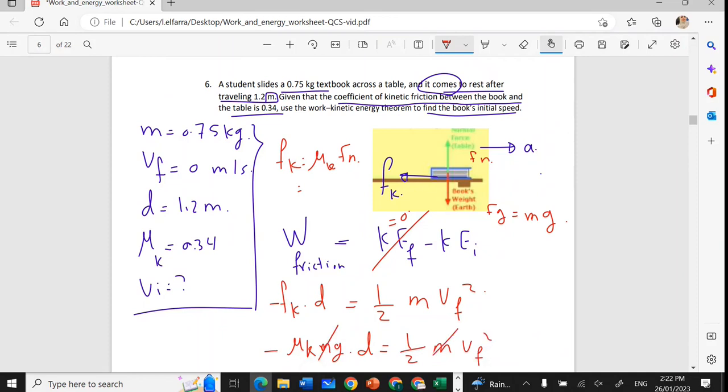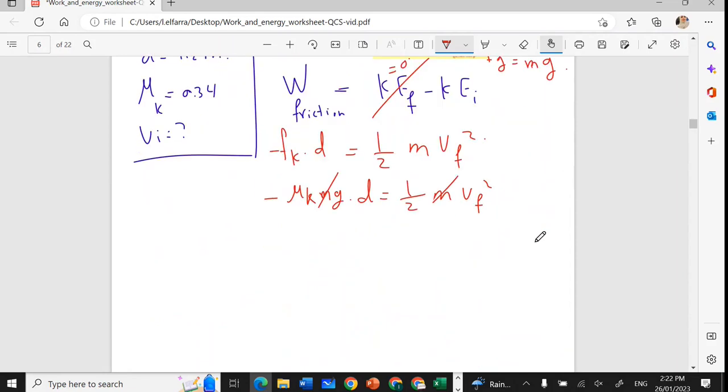m and m, they can cancel out. Okay, and then substitute. This is also negative. Negative and negative also cancel, so it will be mu k, which is 0.34, times 10, times distance d. The distance d is 1.2.